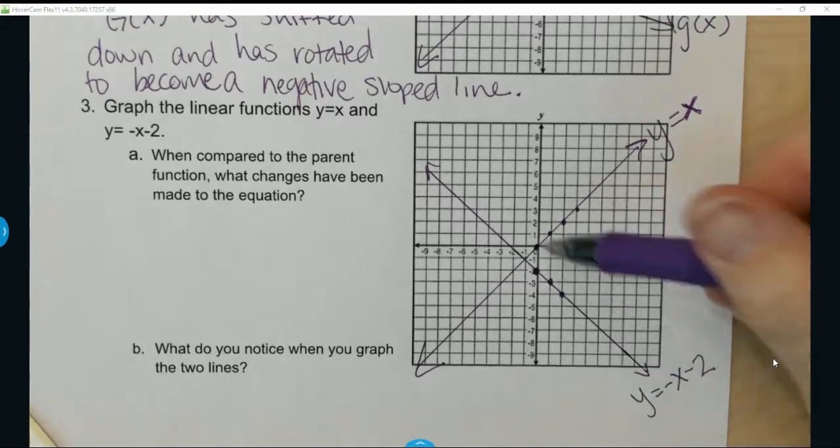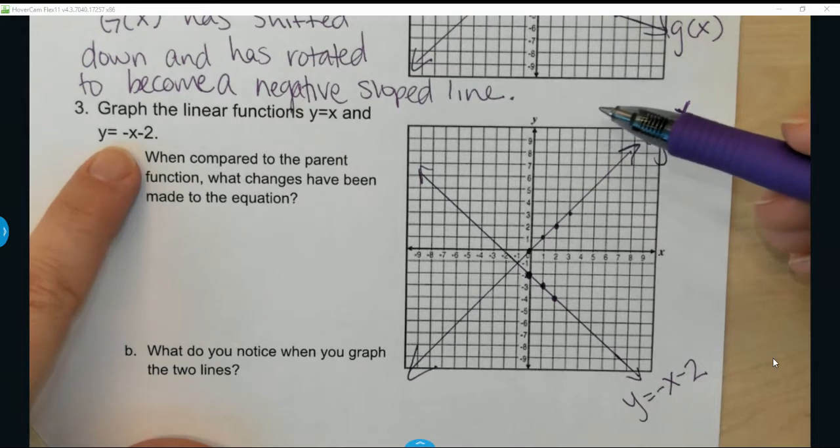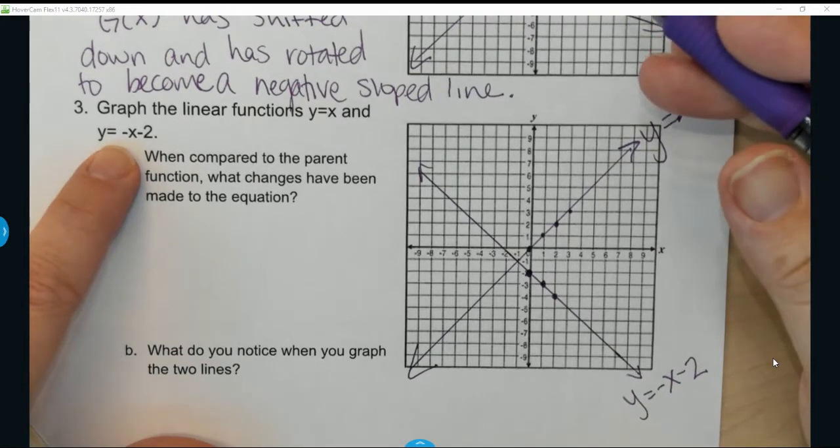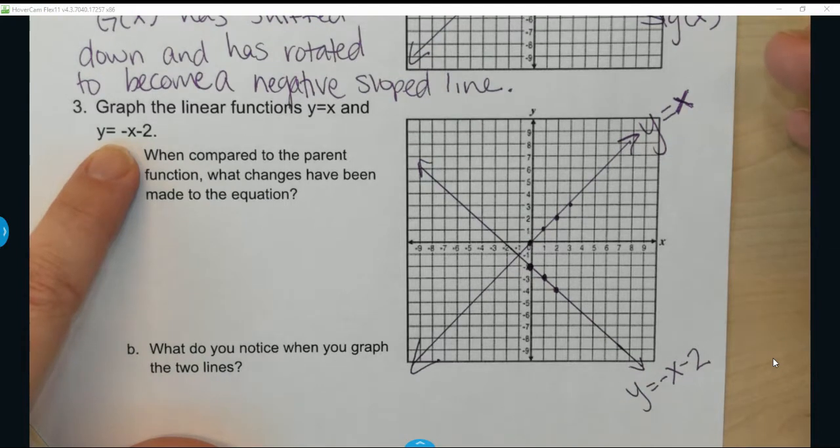What do we notice about these two lines? Well, this one has a slope of 1. This one has a slope of negative 1. So if I'm thinking opposite reciprocal, I'm thinking perpendicular lines.